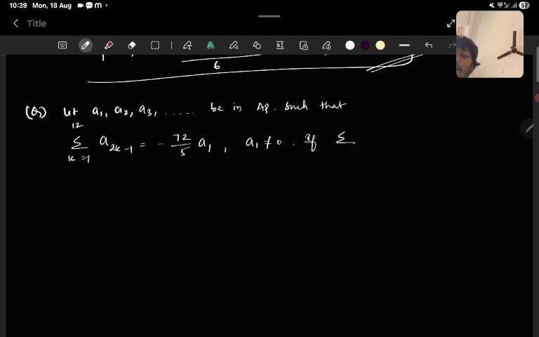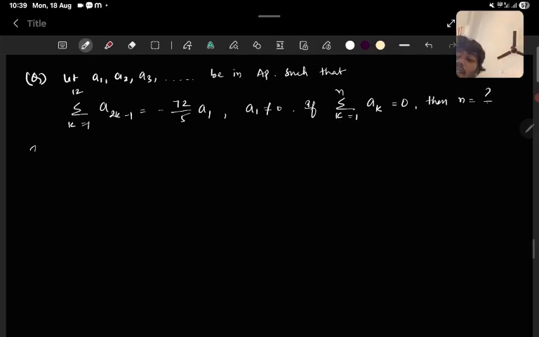If summation k starts from 1 to n, ak is equals to 0, then n is equals to dash. How much it will be?